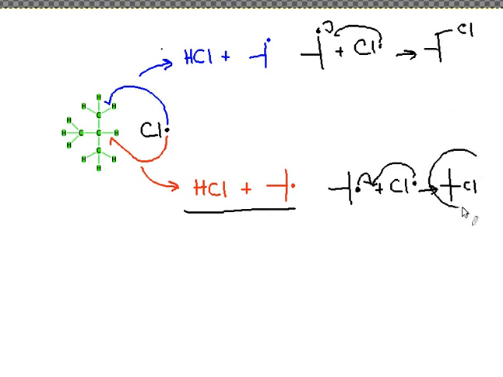So a reasonable prediction would be that this tertiary alkyl halide would be a major product and that the primary alkyl halide would be a minor product.